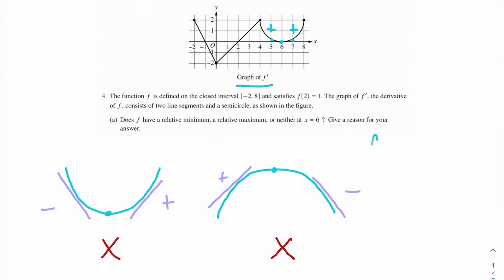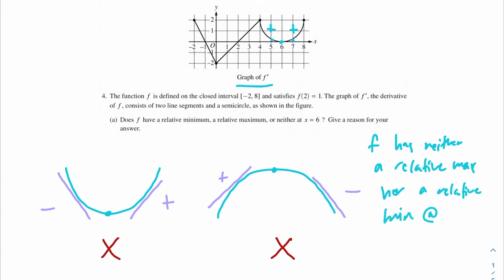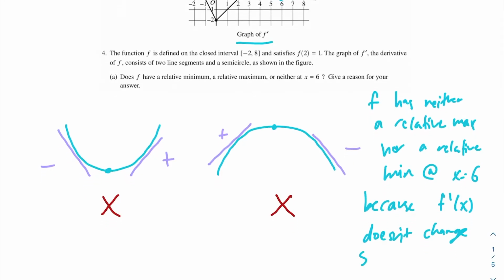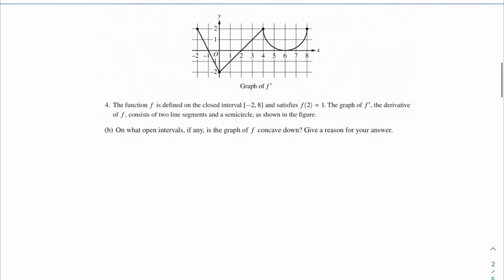I would say that f has neither a relative max nor a relative min at x equals 6 because f prime of x doesn't change signs.